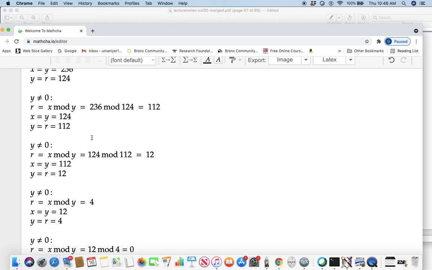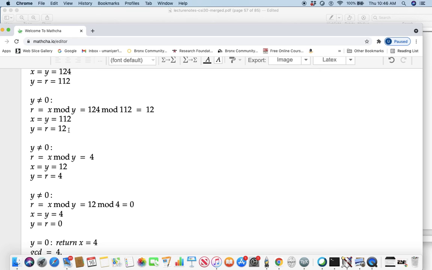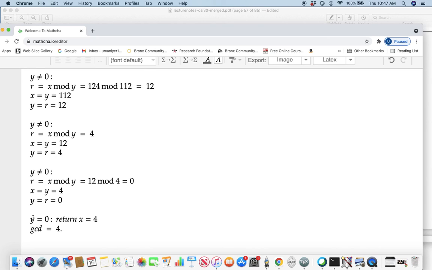Divide 124 by 112, find the remainder, that's 12. That's your new y. x is your old y. Divide 112 by 12, look for the remainder, the remainder is 4. That is your new y, and x is your old y. Divide 12 by 4, find the remainder, that is your new y. x is your old y. Aha, now y is 0, so you return the current x value, that is your GCD.